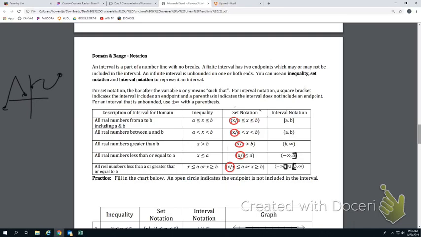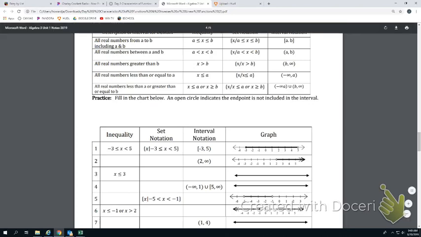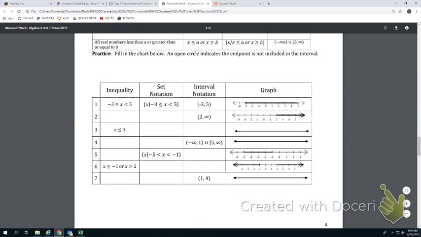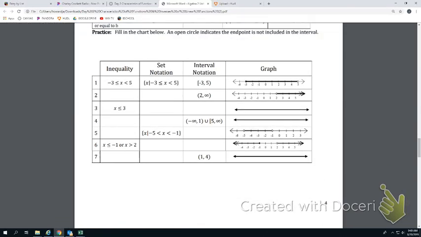So I want you to go to that table below. And I'm going to save us a little bit of time on this. These boxes right here, you're just going to write one set notation.